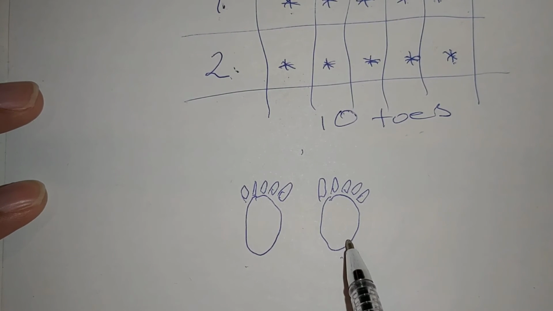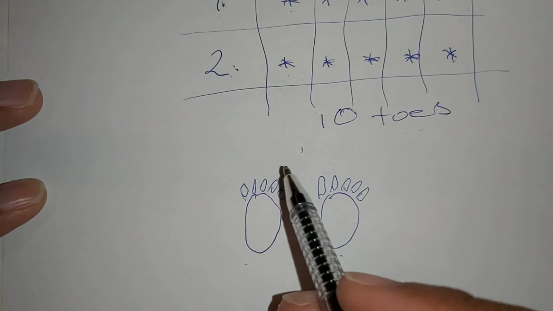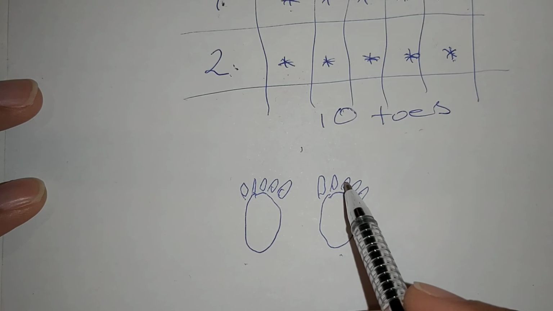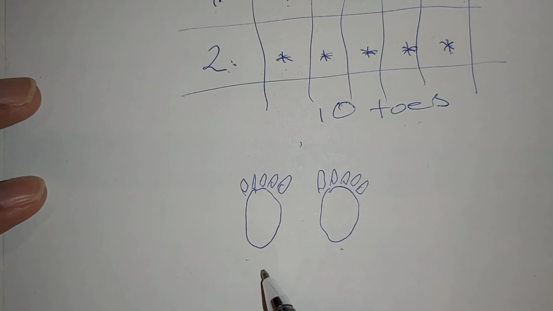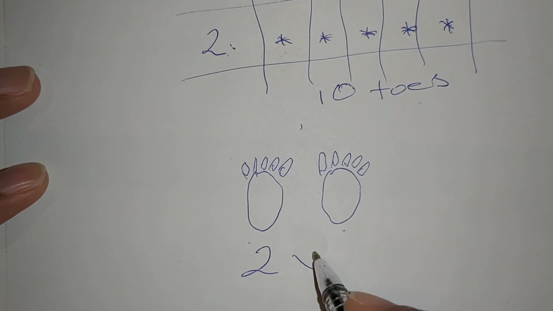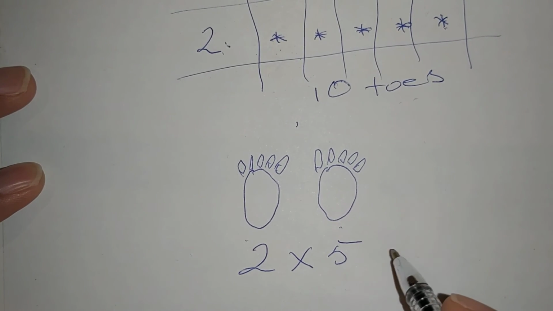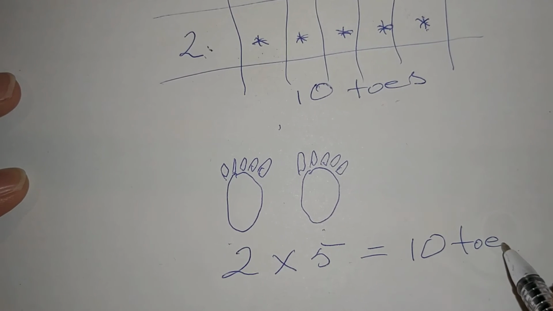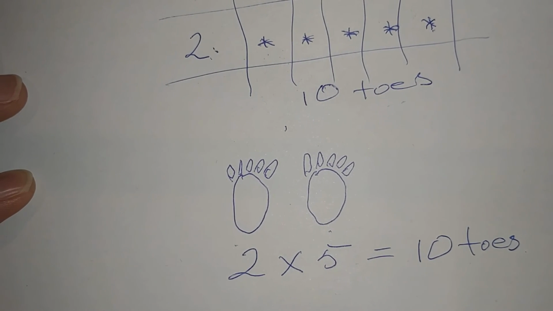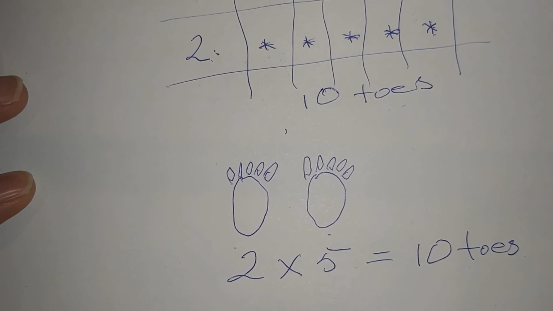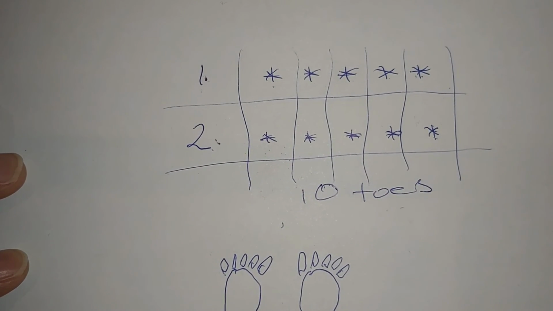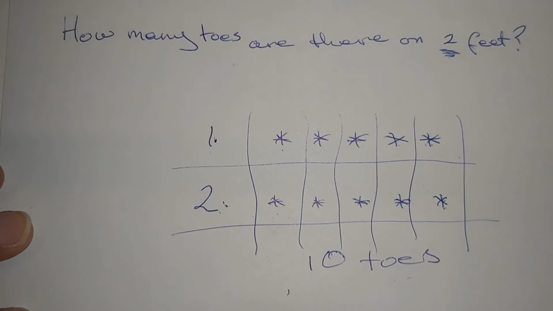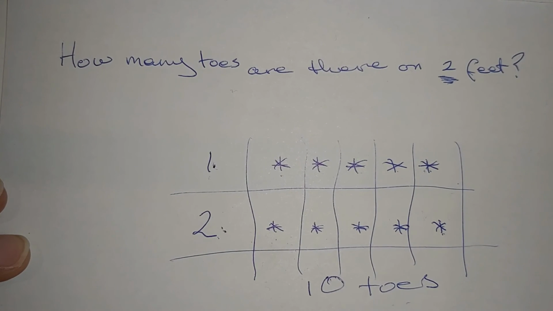If I did that, that would still work because I just need to count toes. 1, 2, 3, 4, 5, 6, 7, 8, 9, 10. So that's 2 feet by 5 toes gives me 10 toes altogether. So that is 2 different ways that I could have worked out my problem: how many toes there are on 2 feet.